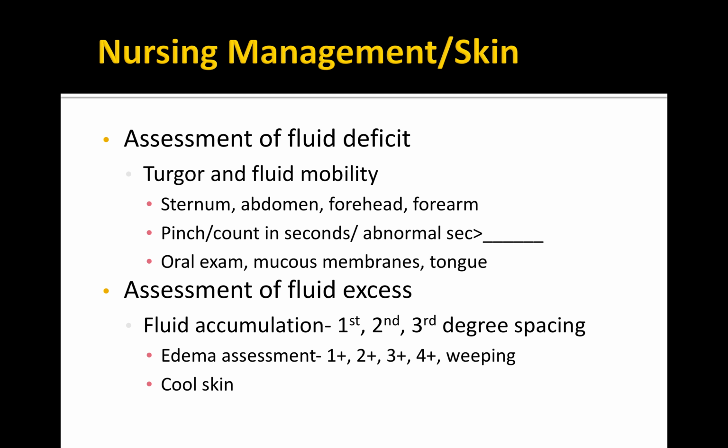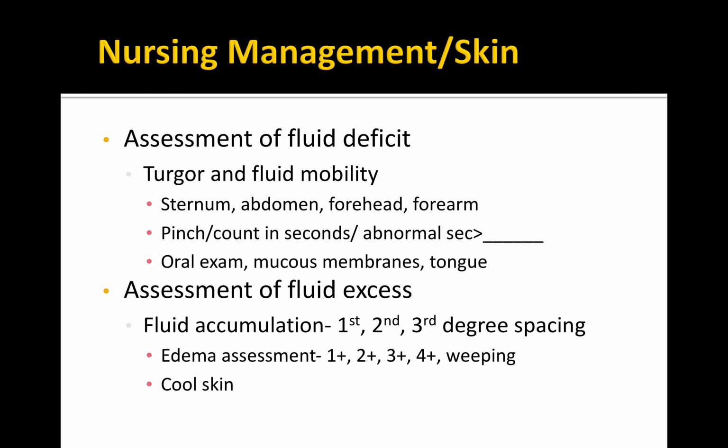If you basically pull it up, pinch it up, and if it stays there, it should spring right back down. If it stays there, the person's very dehydrated. We can look at the abdomen, the forehead, the forearm, pinch and count in seconds. Abnormal seconds is going to be less than, usually it's 1 or 2. And if it's greater than 3, they're pretty much dehydrated.